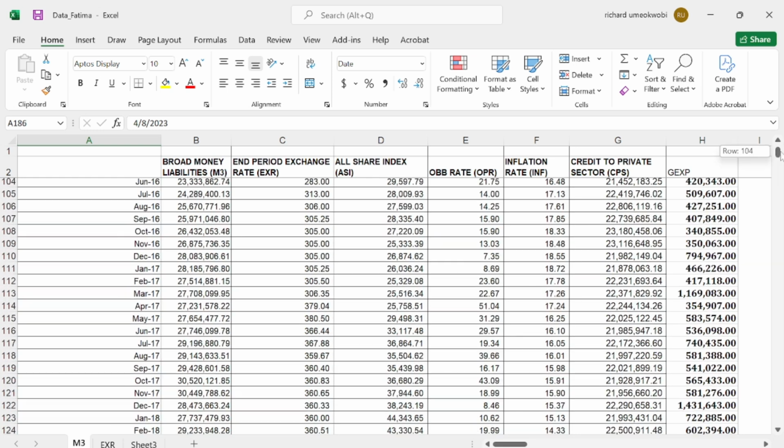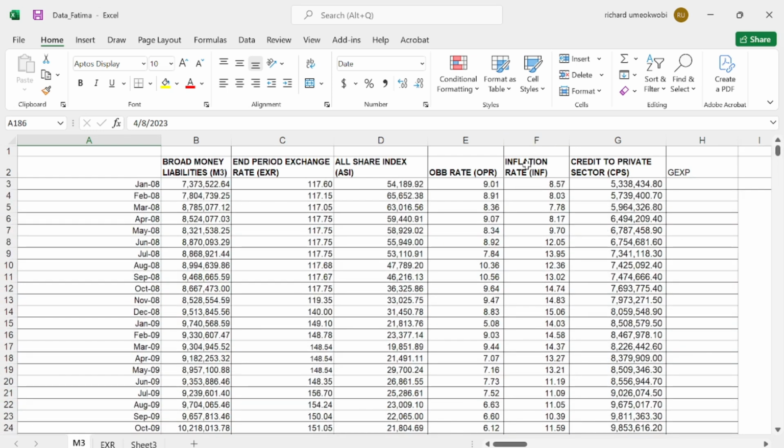Based on that, the inflation rate will be the dependent variable. We want to see which of these determinants of exchange rates, looking at this, you can actually know that this is the demand side of inflation. Which of these actually affects inflation? We are not going to use government expenditure because it doesn't have data back to January 2008.